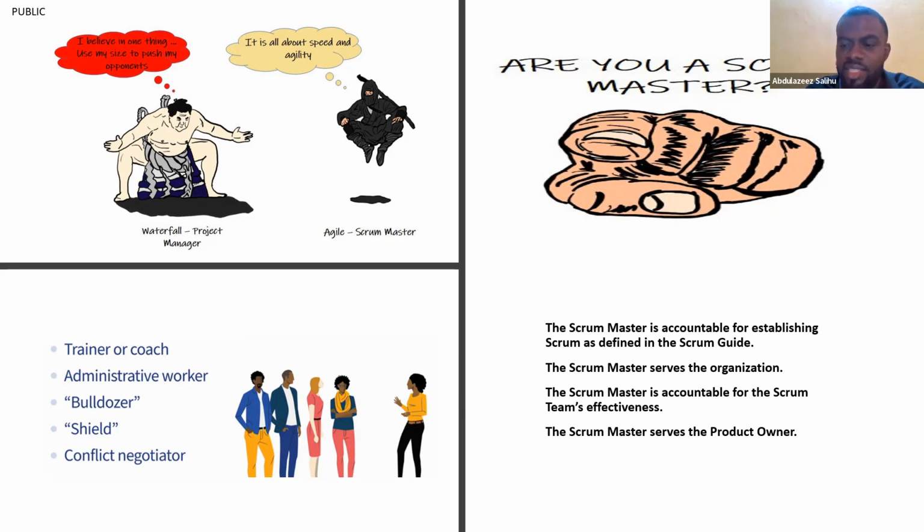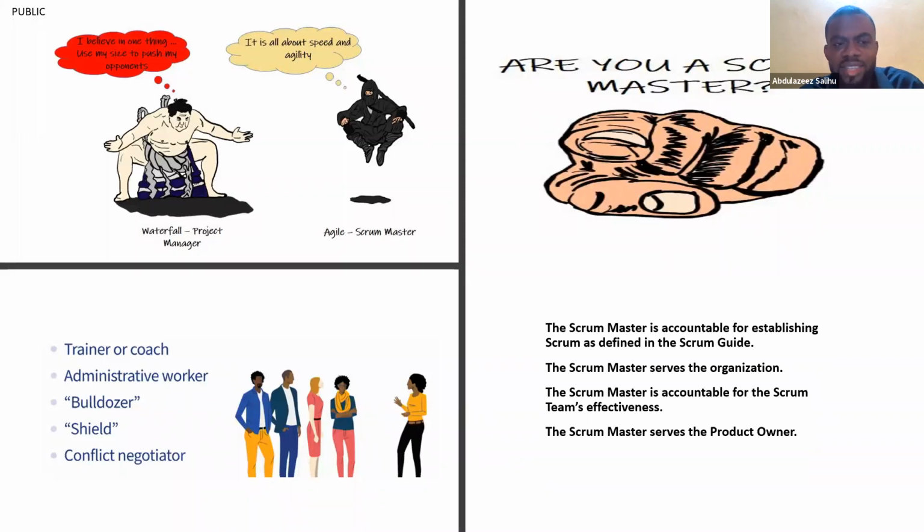The Scrum Master serves the product owner by coaching the product owner on how to do things like backlog refinement and user story definition. These are the roles the Scrum Master plays, not using size to intimidate.